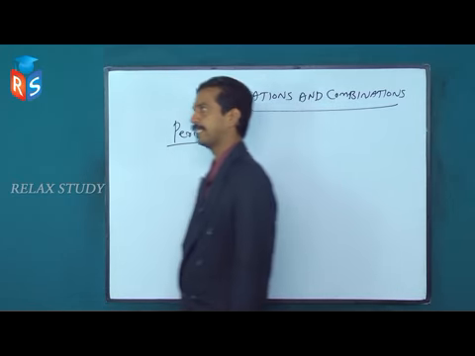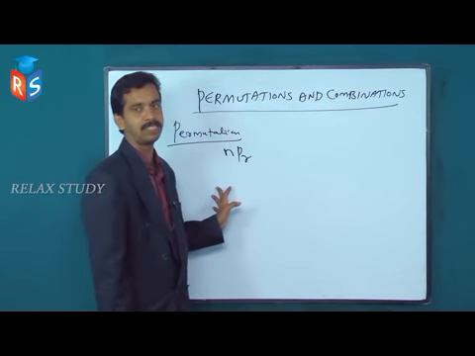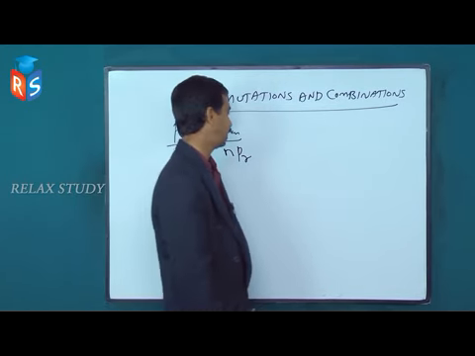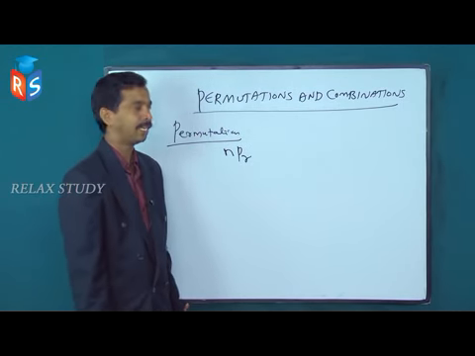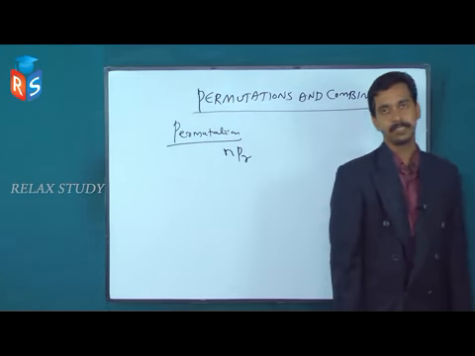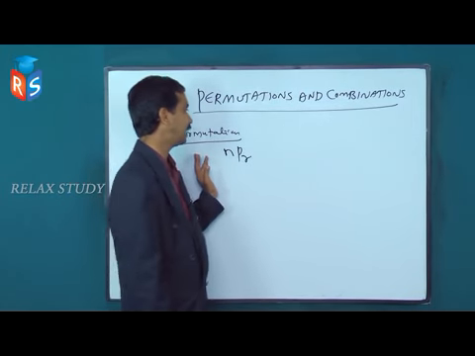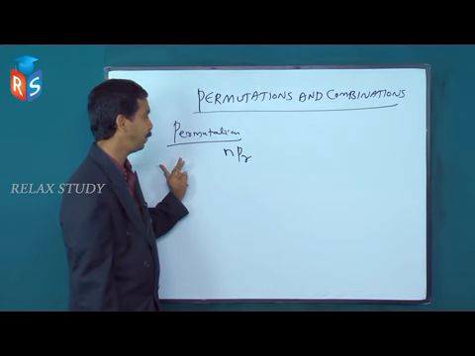That is a strict or rigid arrangement. The teacher has the right to arrange the students in a classroom. No other person can interfere. Or if a photographer is taking photos, then he is the right person to arrange the students or persons. Such an arrangement is called a permutation, denoted by nPr.